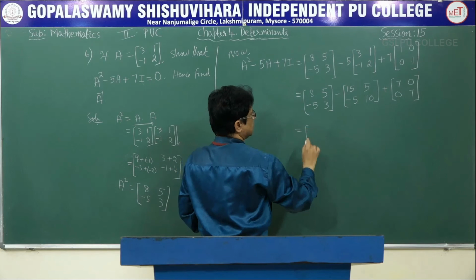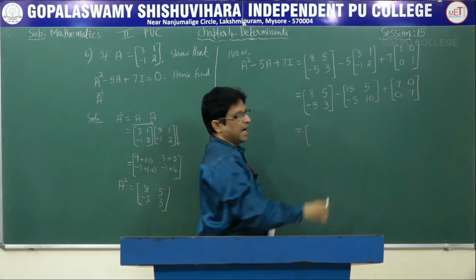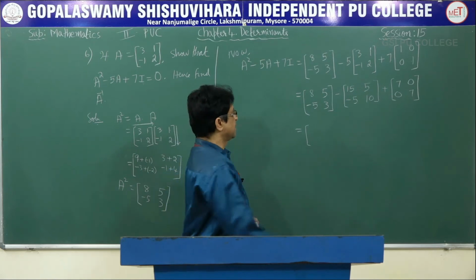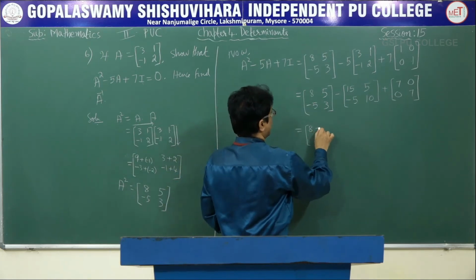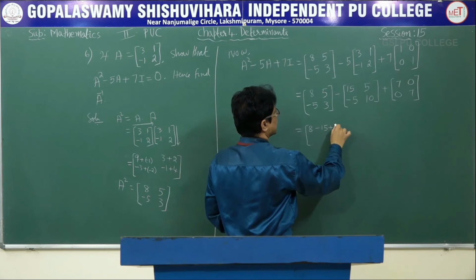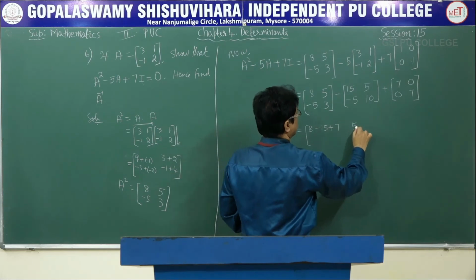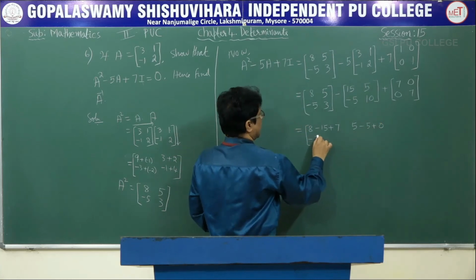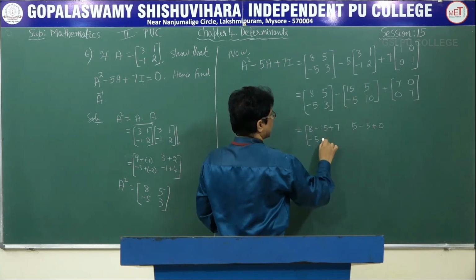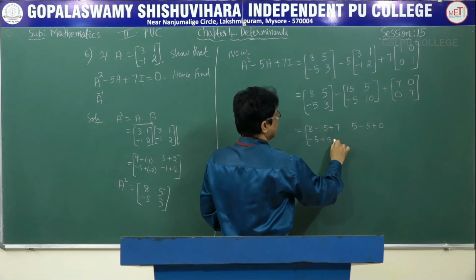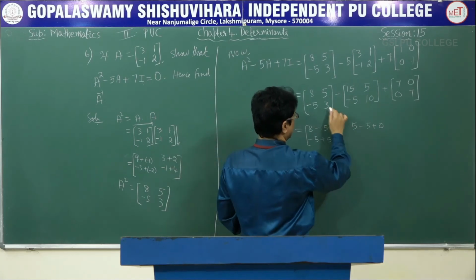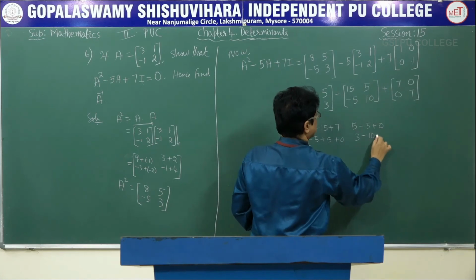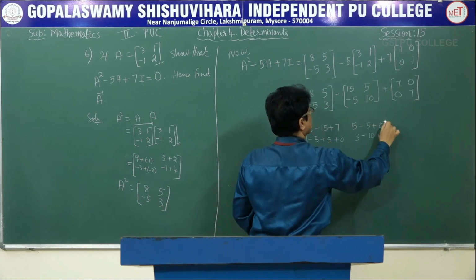That will be equal to, we add and subtract the corresponding elements. So 8 minus 15 plus 7, 5 minus 5 plus 0, minus 5, minus into minus, plus 5 plus 0, 3 minus 10 plus 7.